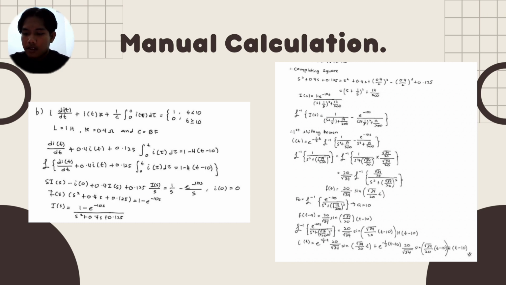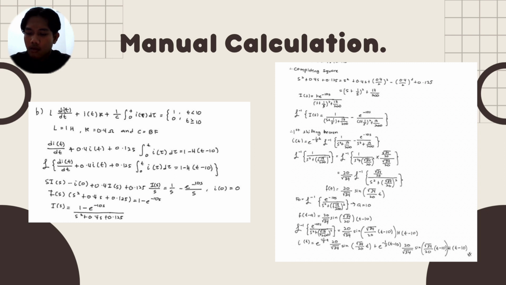By using the first shifting theorem, it equals e to the power of negative 1/5 t, Laplace inverse of 1 over s square plus 17 over 200 minus e to the power of negative 10s over s square plus 17 over 200.